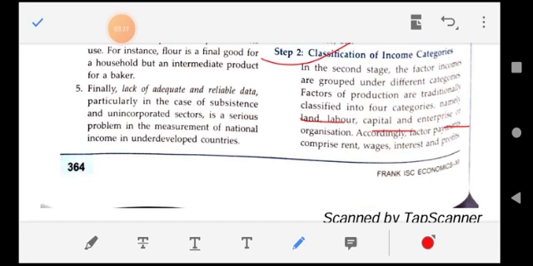But in some production activities, labor and capital are provided by the same persons. Accordingly, factor income is classified into the following three broad categories. First, labor income or compensation of employees. Second, capital or property income or operating surplus. And last, mixed income.